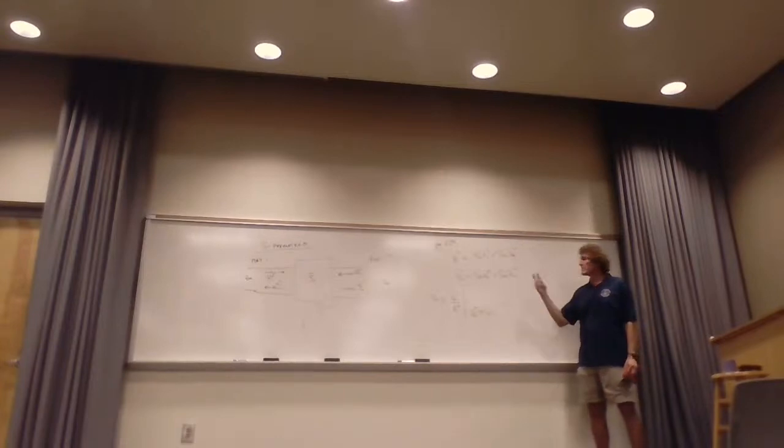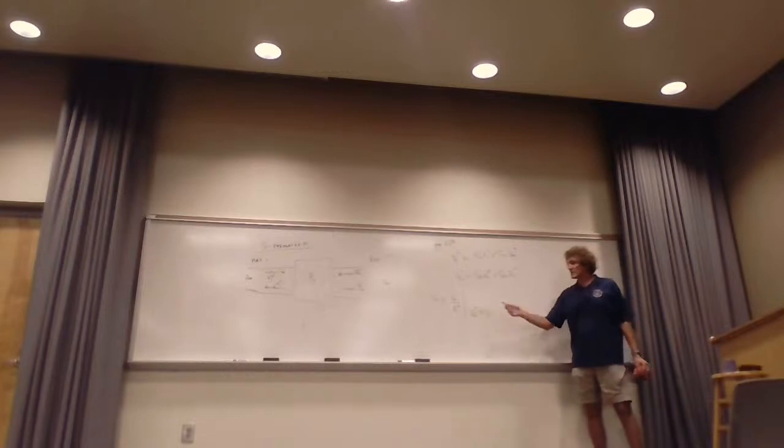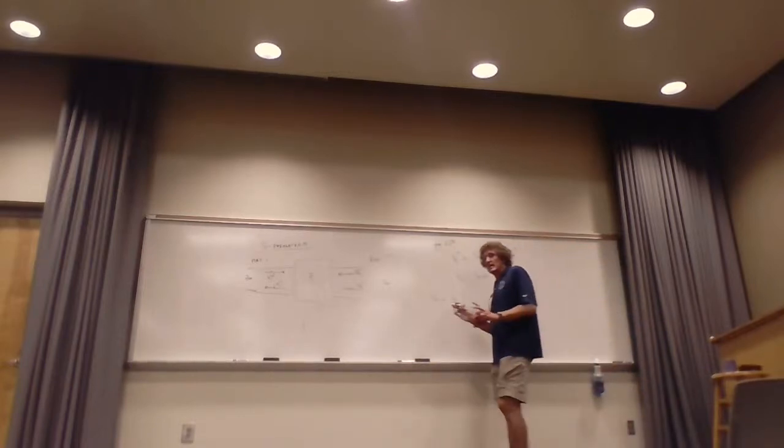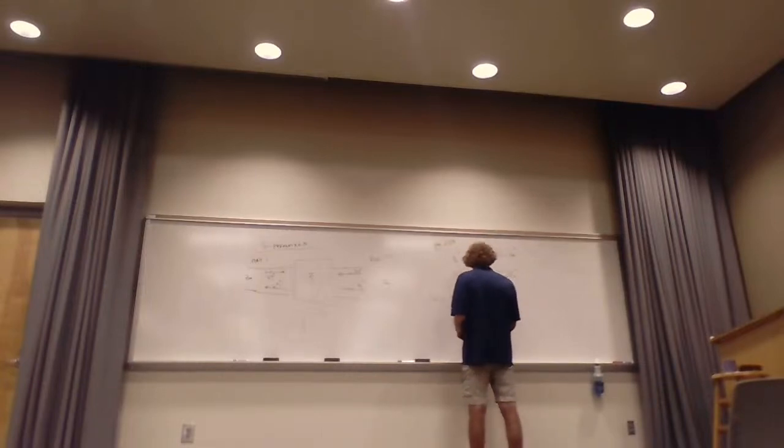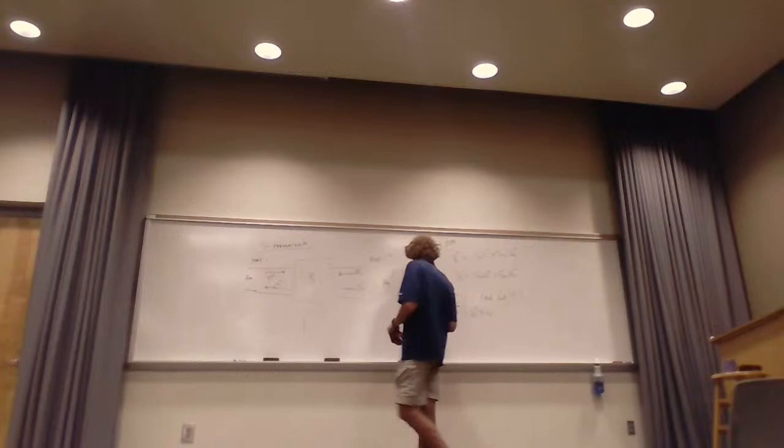Follow me? If V2 is 0, this part doesn't have an effect. This is a reflection coefficient. That's really the reflection coefficient at this port. That's typical. And I got to spend a little time explaining.